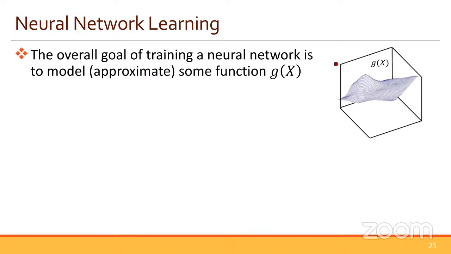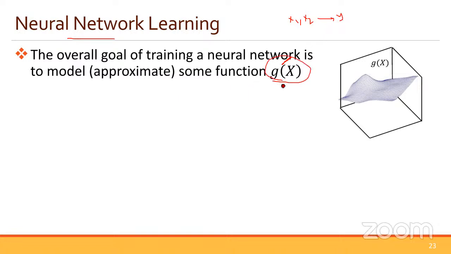As I said, neural network is supervised machine learning. Supervised machine learning means I give it the inputs x1, x2, and so on, and at the end, I have my output, y. Let's say our output is basically g of x.